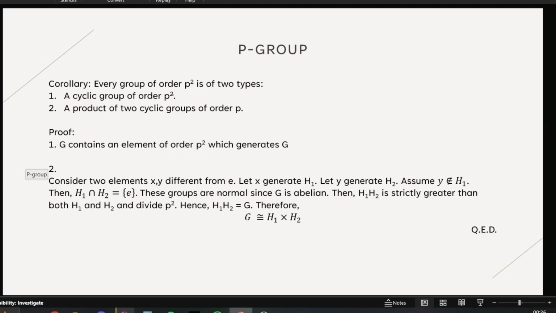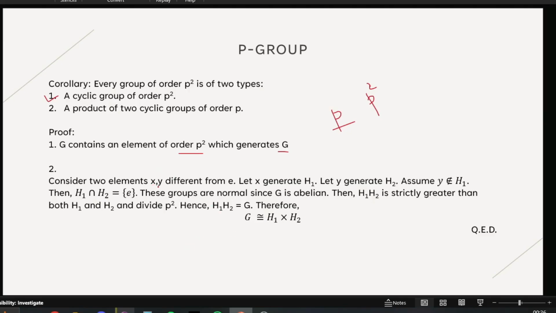If a group is of order P square, then it has either an element of order P or of order P square. When there is an element of order P square, it will generate the entire group. So this proves one. If all elements are of order P, then apart from the identity element, every other element will be of order P.